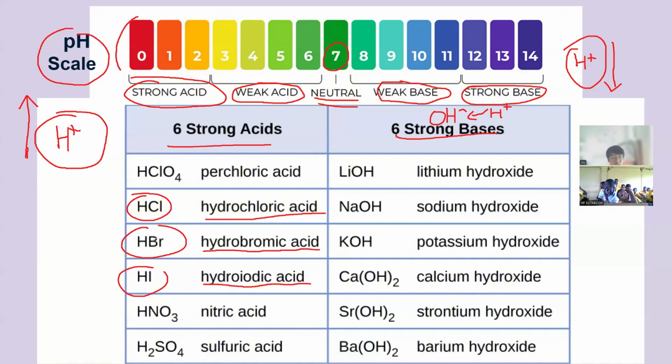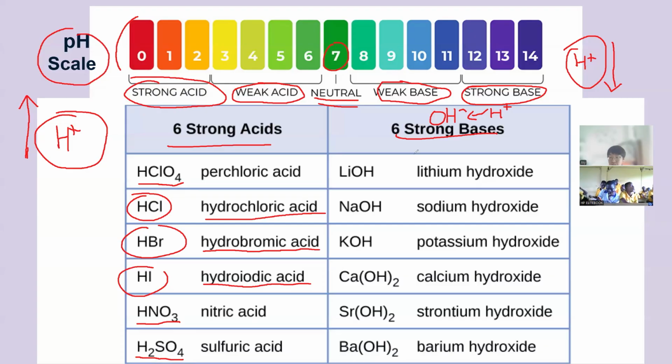So HCl, HBr, HI. But there are other ones as well, like HClO4, perchloric acid, HNO3, nitric acid, and all the way at the bottom here, H2SO4, which is sulfuric acid.